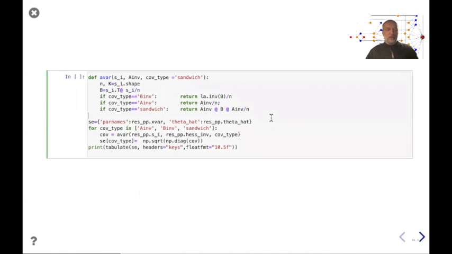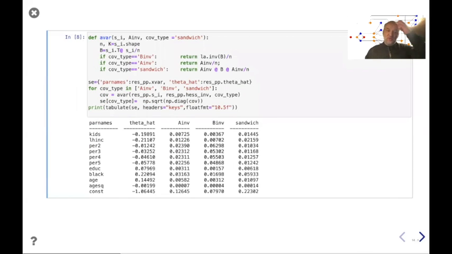So here's a comparison in this particular case of the different standard errors that you get using different variance covariance matrices. Last time I think we first did a simulation exercise, and in that cross-sectional sample there was not a lot of difference between these, but in this case there is.